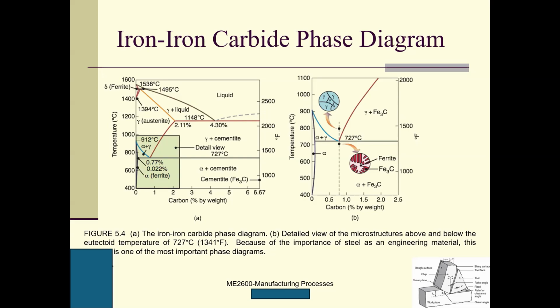At this point, we will have ferrite and cementite. If this line passes this temperature, we will have two phases. Austenite is one phase, ferrite is another phase, and cementite is the third phase. You can see this is a phase transformation.